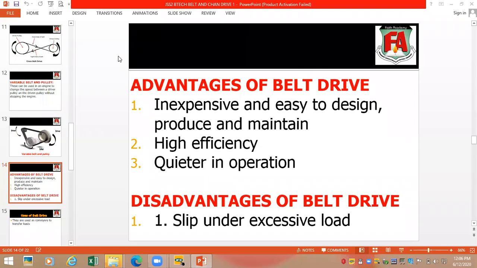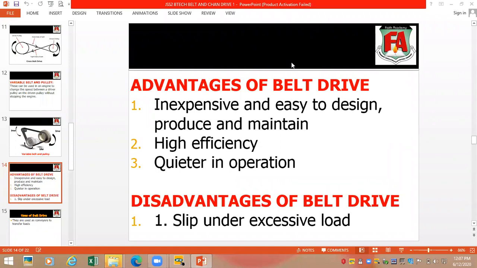Number 2, high efficiency. Number 3, quieter in operation. They are very easy to design, very easy to maintain and to produce. They have high efficiency. They are quieter in operation, that means they don't make noise during operation.